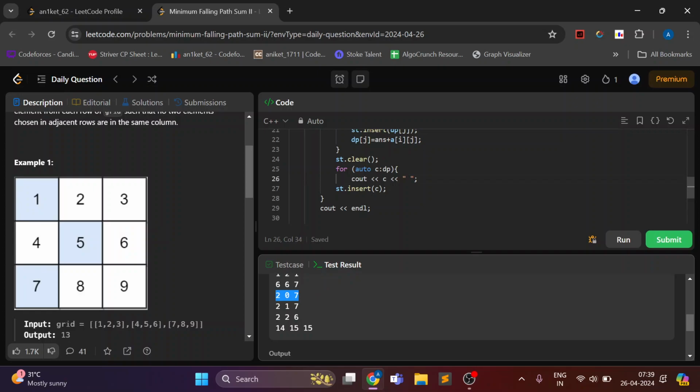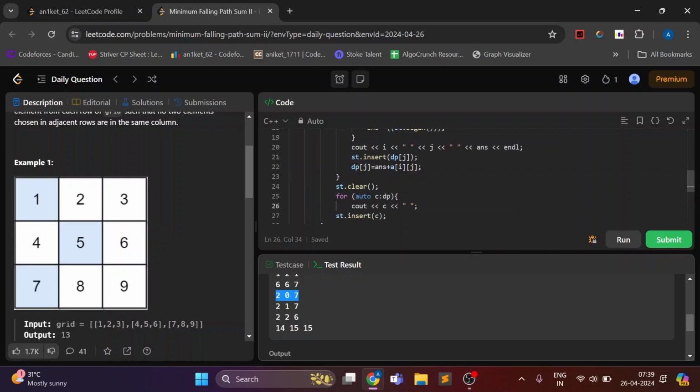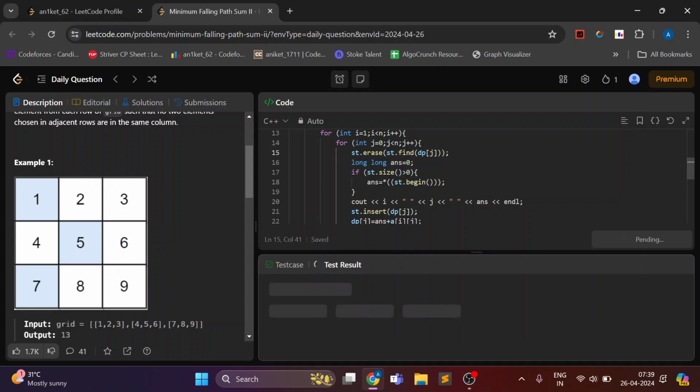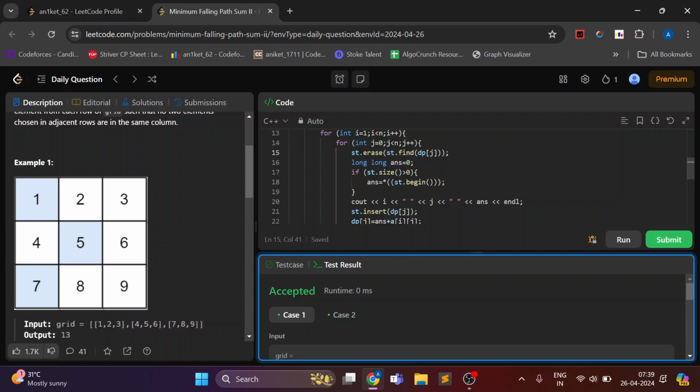So in a multiset I have to erase like this. I cannot erase simply, similar to a set, because there are multiple occurrences.